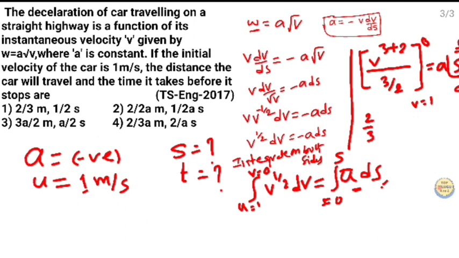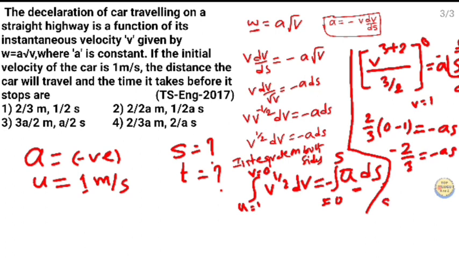So 2 by 3, 0 minus 1, and here the negative value is there, is equal to minus as. So minus 2 by 3 is equal to minus as.